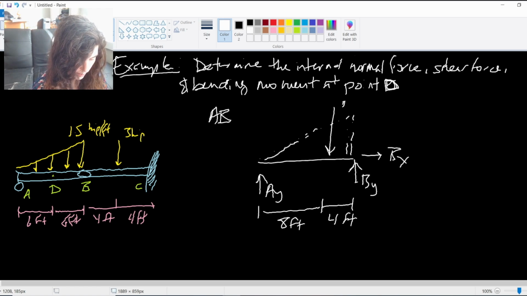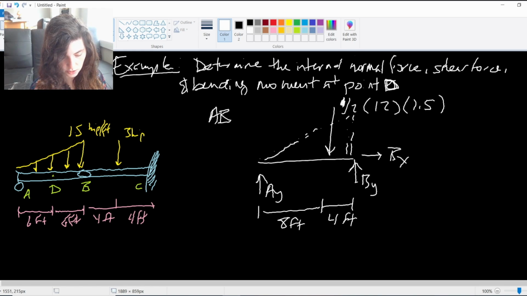To find this magnitude, the resultant force is 1/2 times base, the length of the bottom, 12 feet, times height, which is 1.5 kips per foot. So this gives me a resultant of 9 kips. So I can go ahead and apply my equilibrium equations to solve for the reaction.